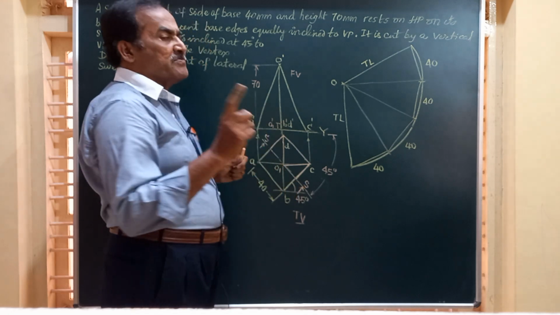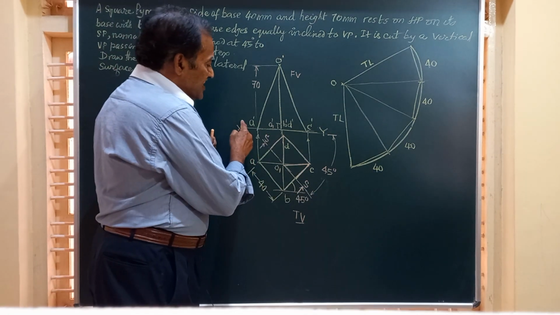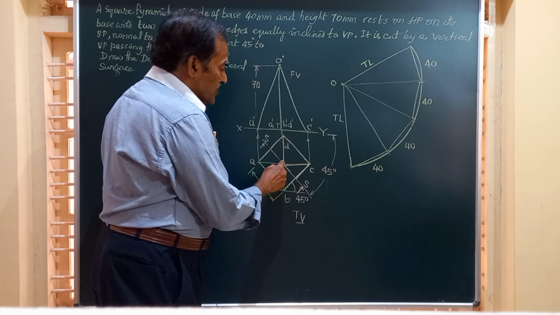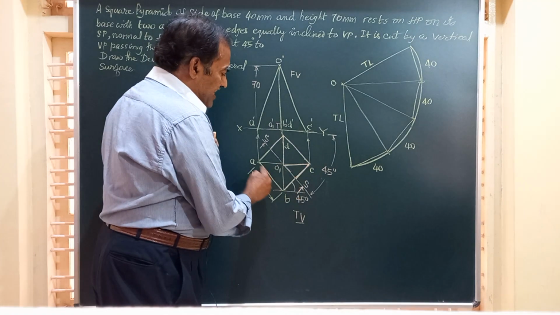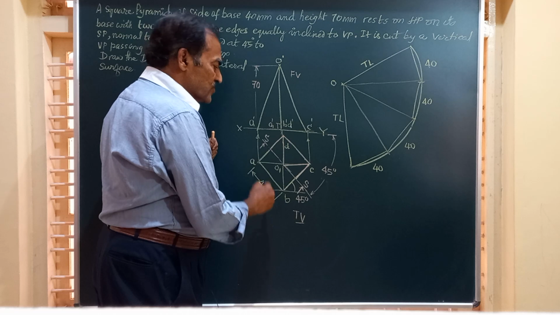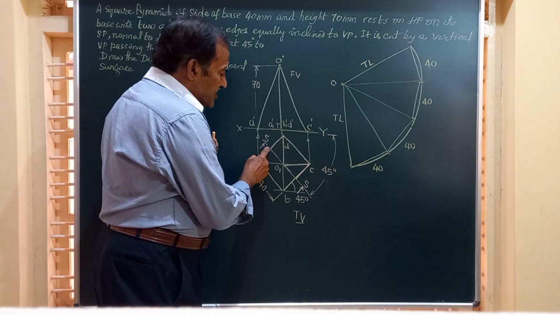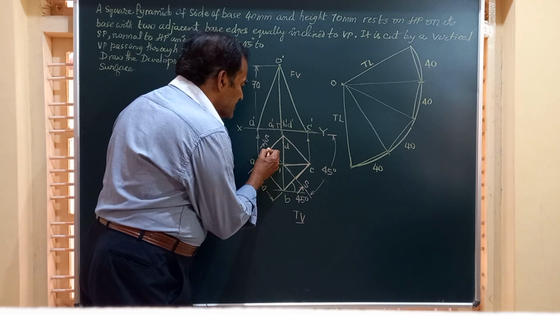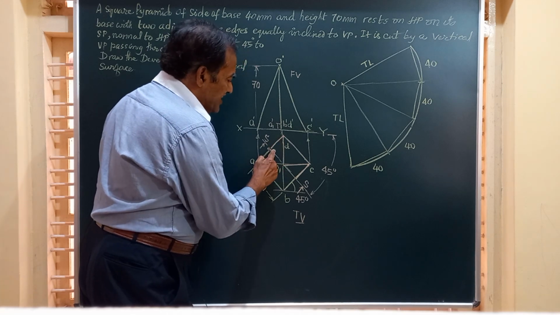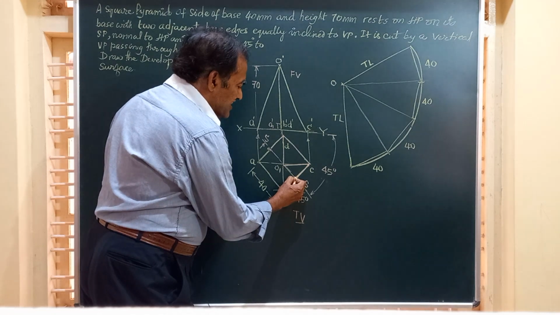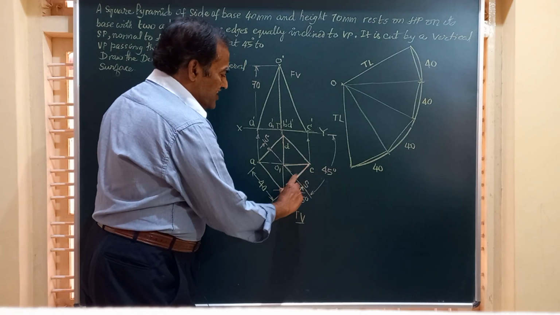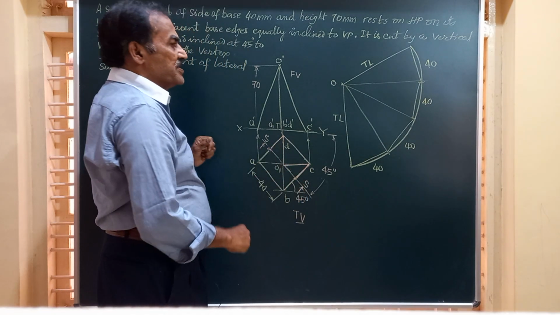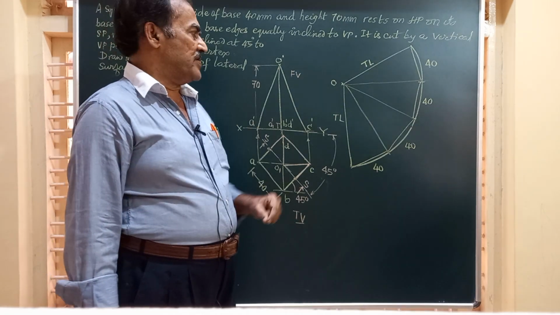Friends, we should remember here that since the section plane is passing through the vertex and is at an angle of 45 degrees to the vertical plane, this section plane SS is going to cut the solid base at this point, AD here and BC, exactly in between BC and exactly in between AD. So this point is very, very important.